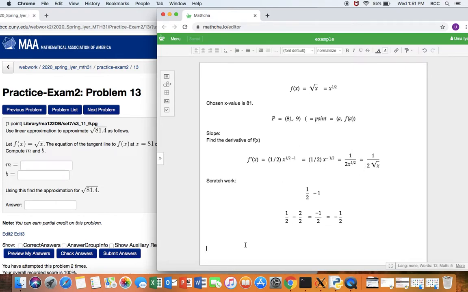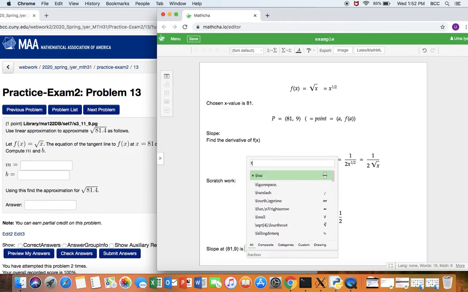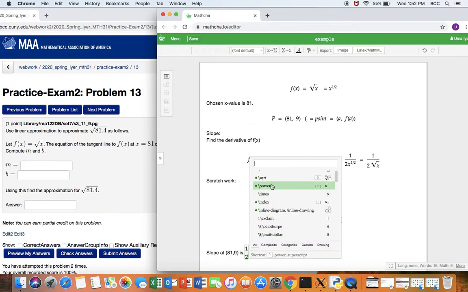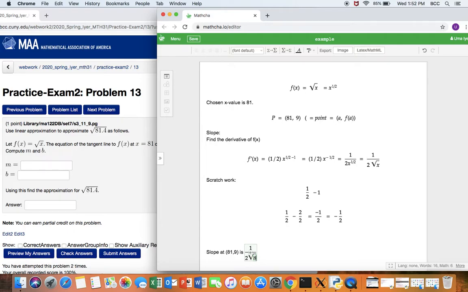Okay, so slope at (81, 9) is fraction 1 upstairs, 2 and a square root of 81. You understand why 81? The x coordinate is 81.